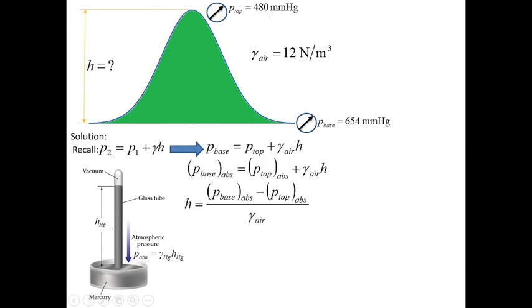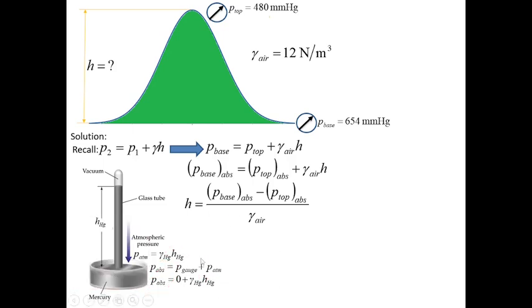The formula for finding the absolute pressure is equal to the gauge pressure plus the atmospheric pressure. For atmospheric pressure, the gauge pressure is zero. Therefore, the atmospheric pressure is simply equal to the absolute pressure, which is the product of the unit weight of mercury and the height of mercury.